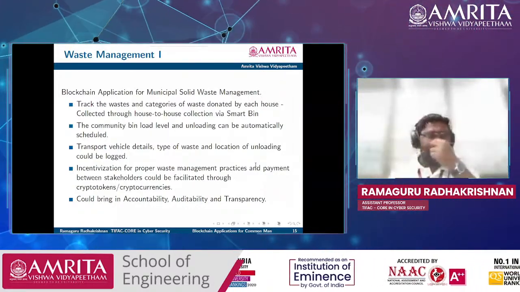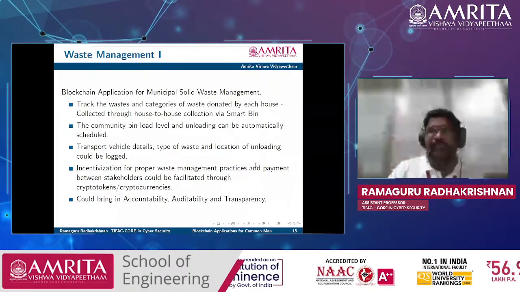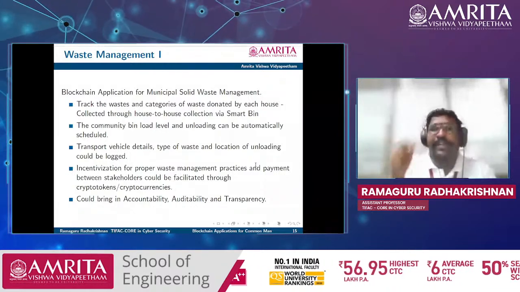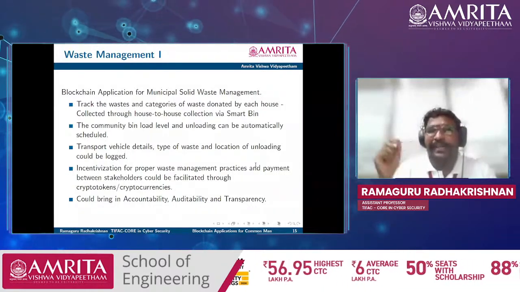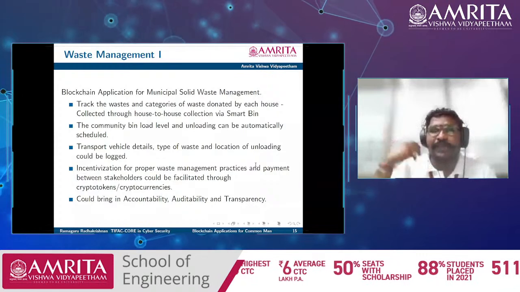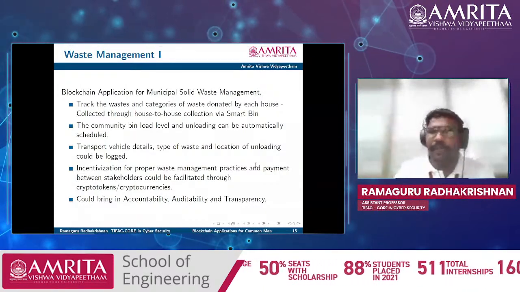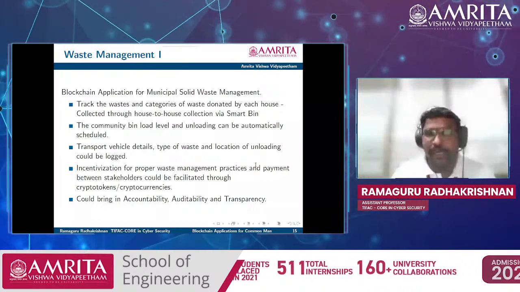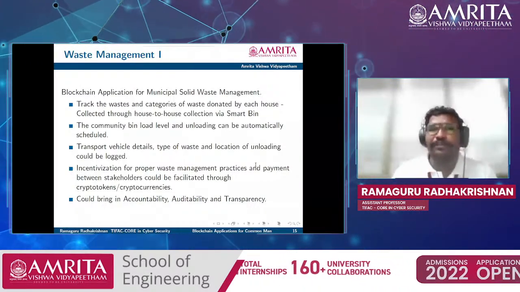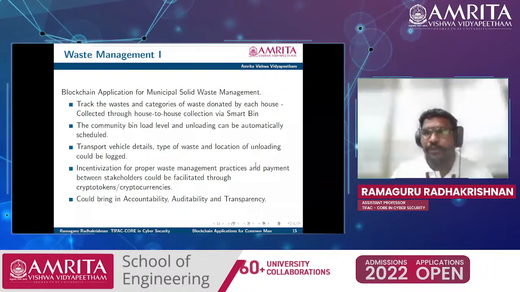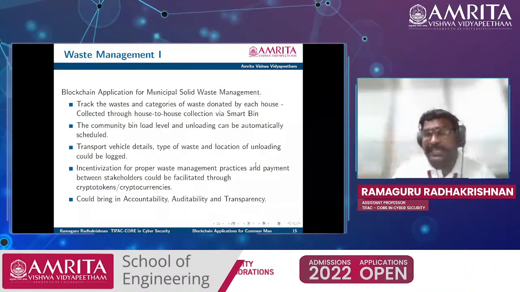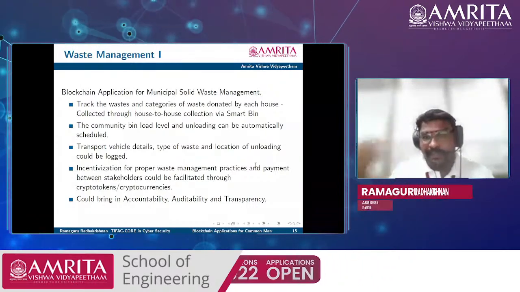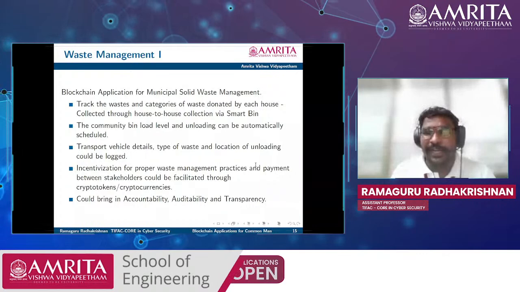So there is a lot of scope for blockchain in municipal solid waste management, where blockchain can be used to track the quantity of waste donated by an individual house. You can even do that at a ward level or a street level using smart bin concepts. We can also incentivize. Nowadays not everyone follows good waste management practice.